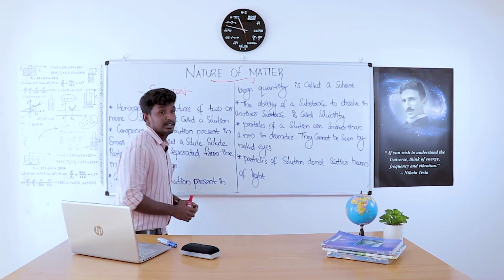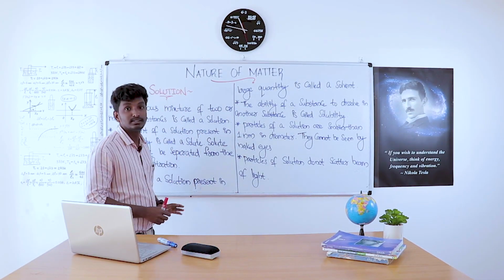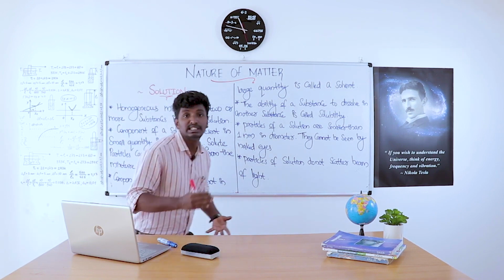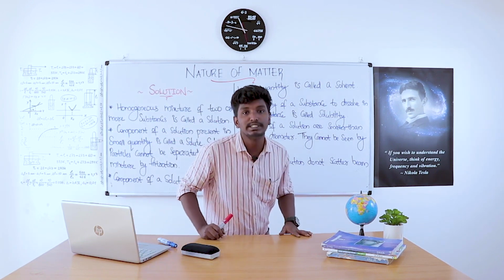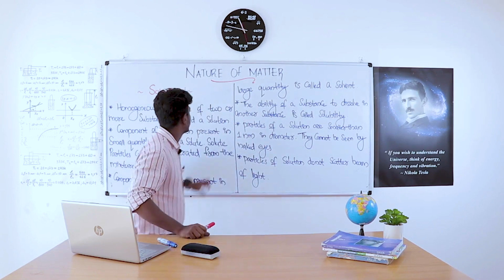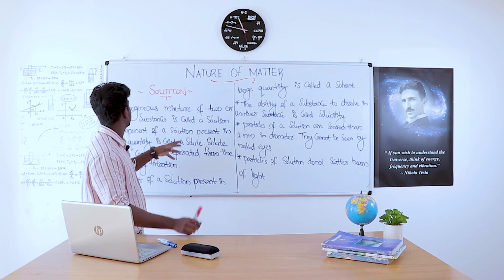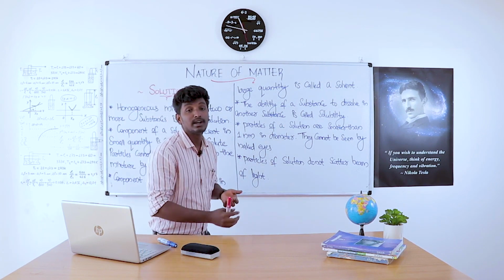Our next topic under consideration is solution. What is a solution? A solution is simply a homogeneous mixture of two or more substances. Two or more substances combine together to form a homogeneous mixture.